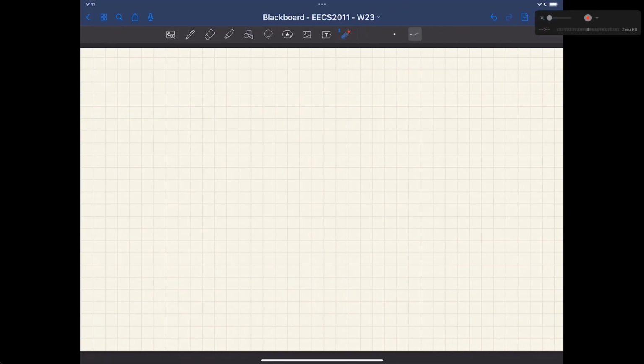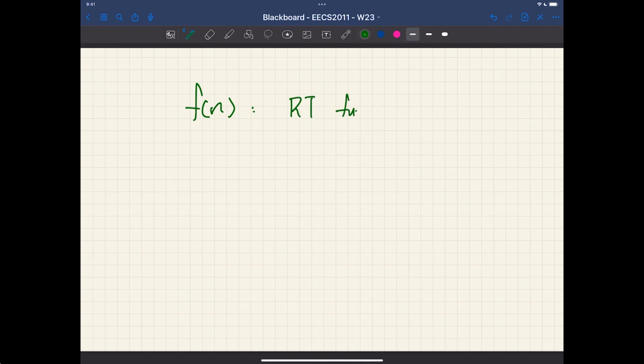The big picture goes like this. If you've got f of n, this is the running time function, which goes from input size to the relative running time, which is approximately the number of primitive operations.